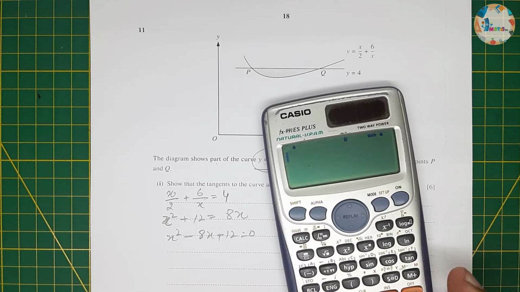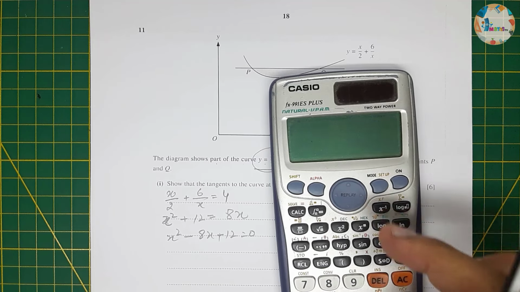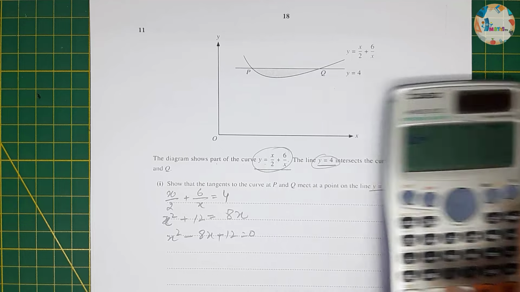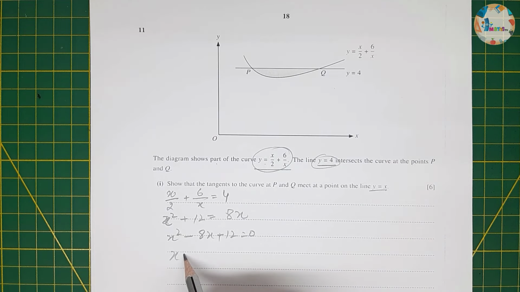And this quadratic equation we can solve, the coefficient of x squared is 1 and the coefficient of x is minus 8 and the constant is 12, so the values are 6 and 2. So our values will be 6 and 2, and these two values we can replace in this equation.